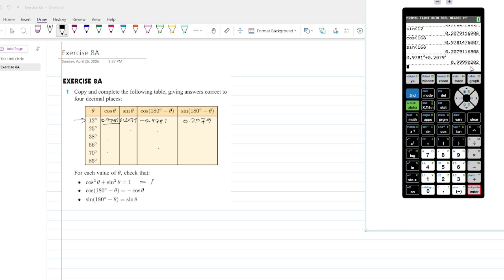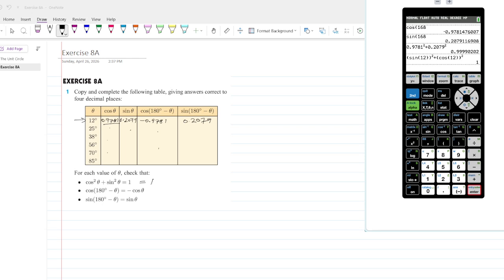That's why it is not exactly 1 here, but it has to be exactly 1, because if we take sin 12 and then square it, then we take cos theta and then square it, it is exactly 1. So this is 1.